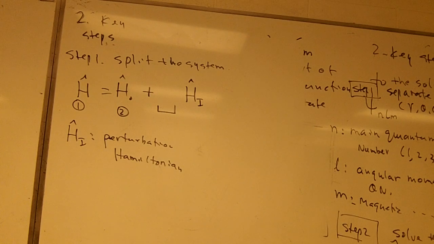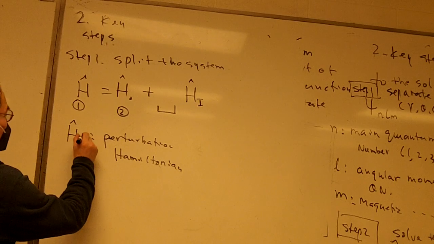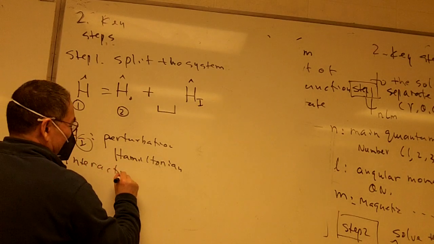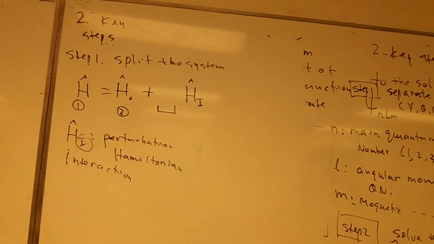If you put in a laser field, that's the interaction between the system and the laser. If you put in an electric field, that would be the system with the electric field. Magnetic field, that's the system with the magnetic field. So that's H_I. This I, in my mind, really stands for interaction, but of course, you can denote it whatever you want. It's just a small term.